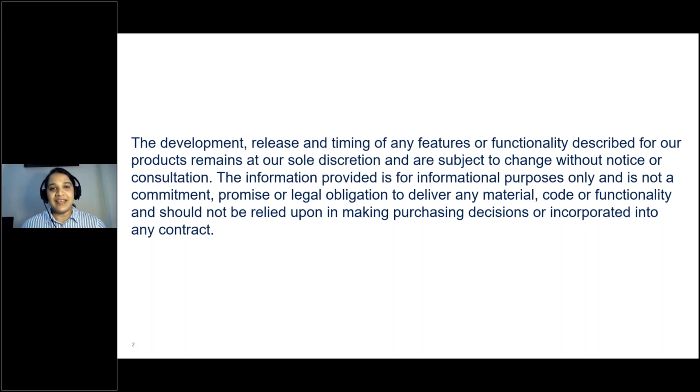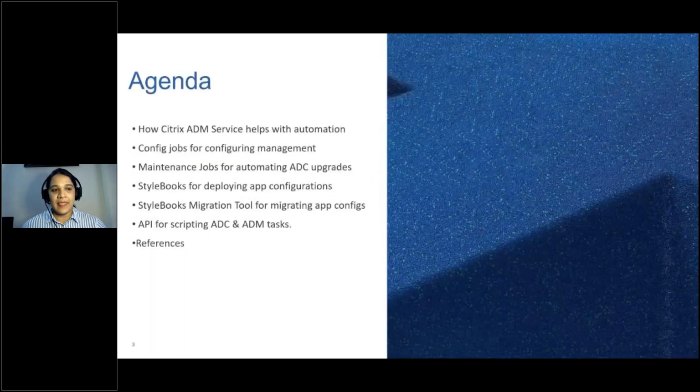All right, and with that, we'll get started with the agenda. I'll be starting with how Citrix ADM Service helps with the overall automation picture. And then I'll be deep diving into some of the features and concepts of Citrix ADM Service. For example, configuration jobs, which help with config management of ADC instances, maintenance job, which helps with Citrix ADC upgrades, StyleBooks, which help with app configurations, and a StyleBook migration tool, which helps with migrating app configurations.